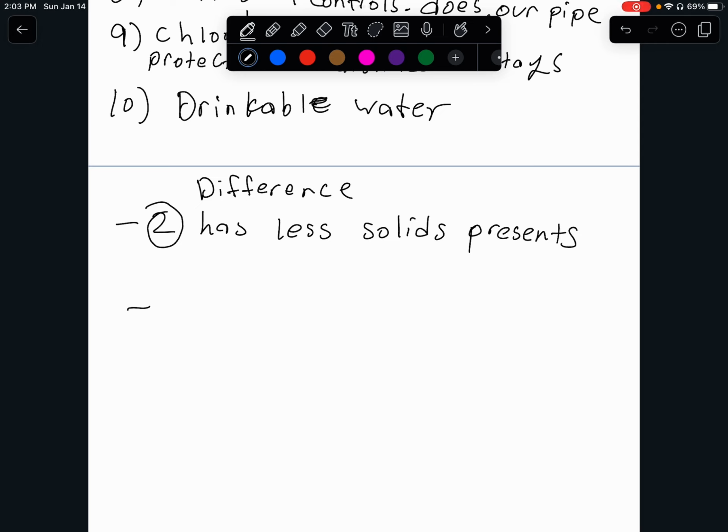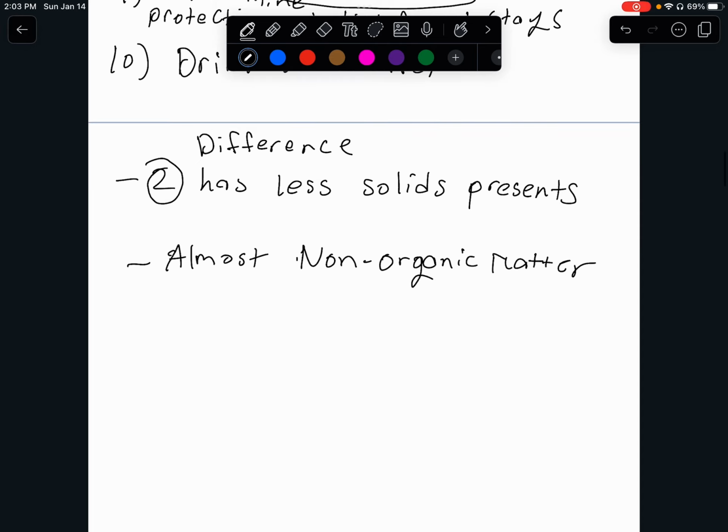It also has almost no organic matter, right? Because it's mostly water. So we have microorganisms, of course, but not really any solid organic matter present. But in our system number 2, to be able to drink it, this is very important.